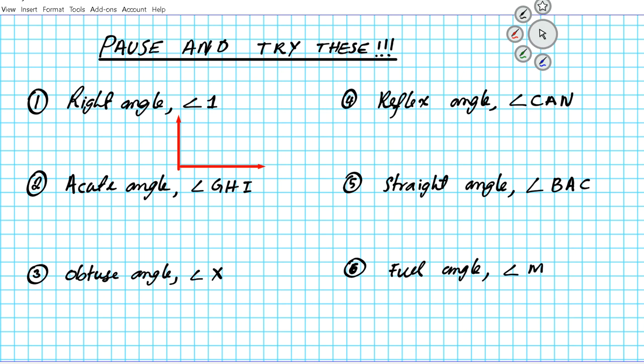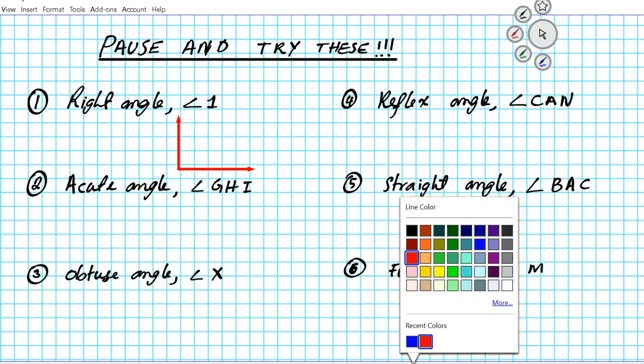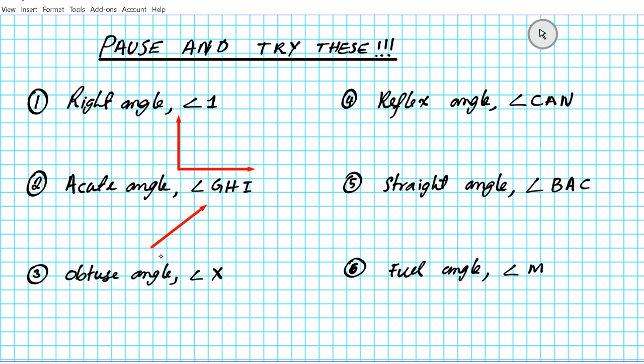All right, so that's what the first one looks like. And then for number 2, we have an acute angle. We know what acute angles are. They are between 0 and 90 degrees. So number 2, we have an acute angle, GHI. Looks something like that.